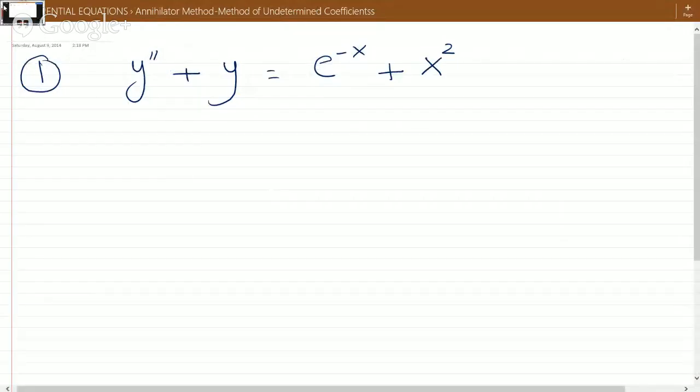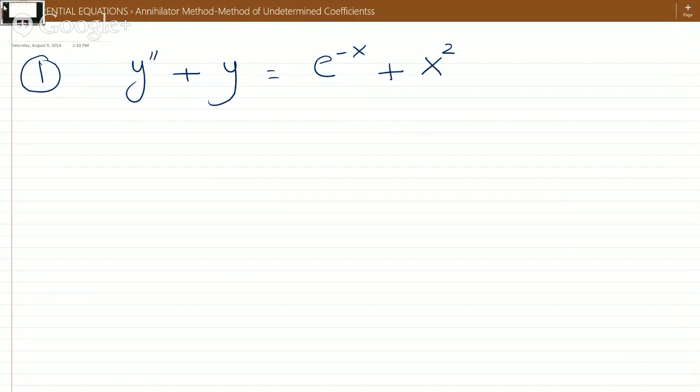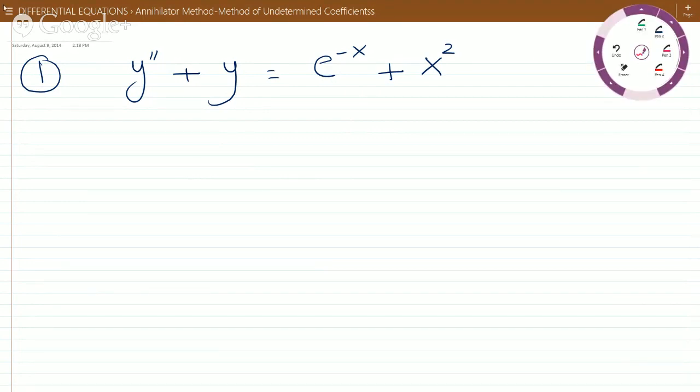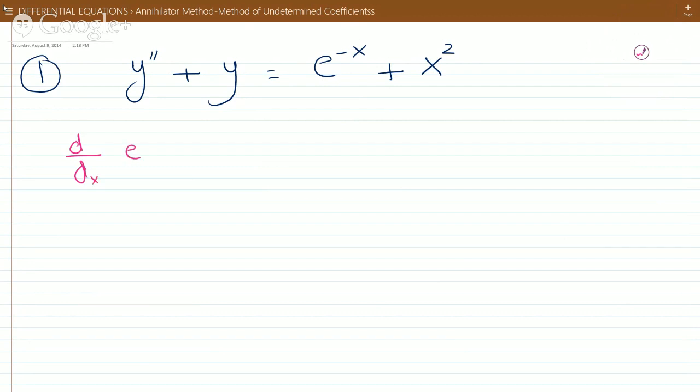Okay, so the annihilator for e to the minus x, we already agreed on that, right? Because the derivative of e to the minus x is minus e to the minus x.